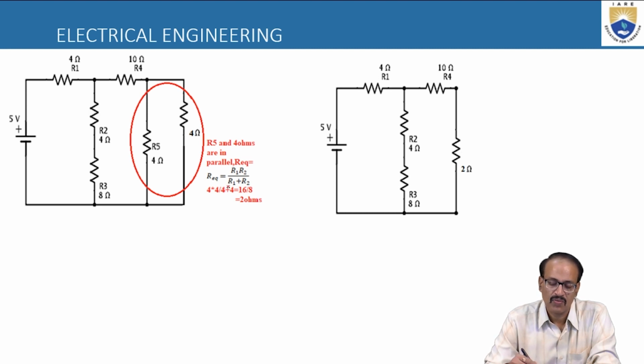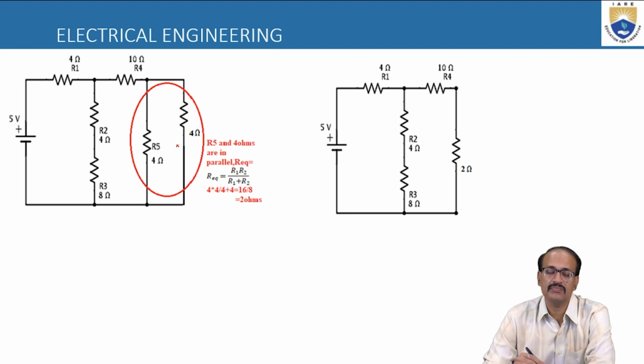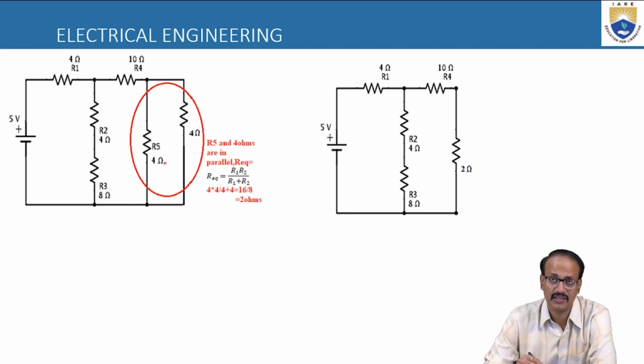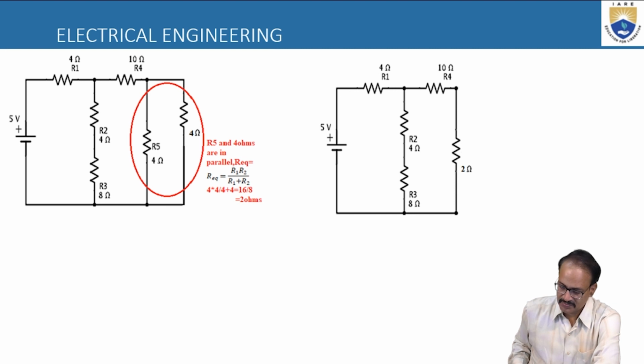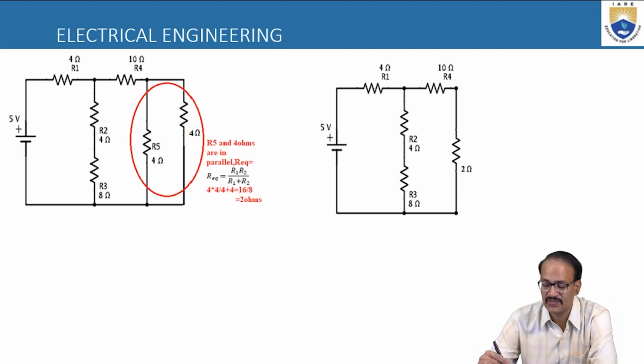So that is 4 into 4 by 4 plus 4, that is 16 by 8, and you will get 2 ohms. So we replace these two 4 ohm resistances with a single 2 ohm resistance.